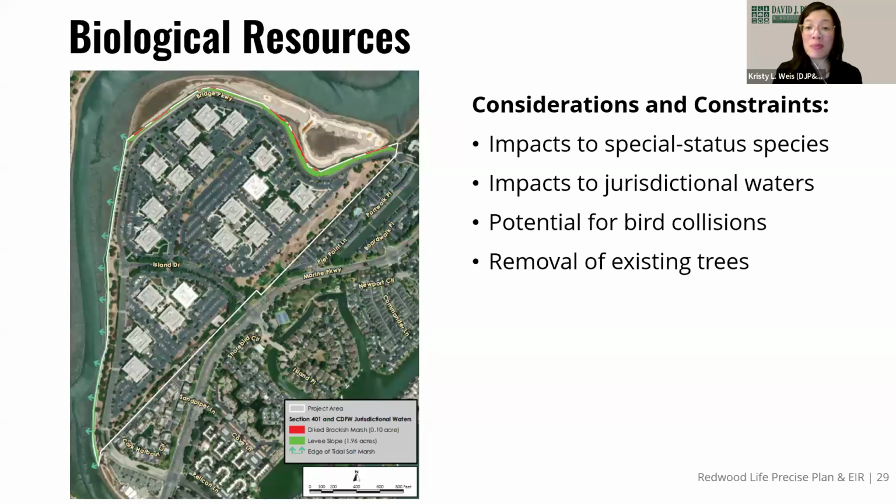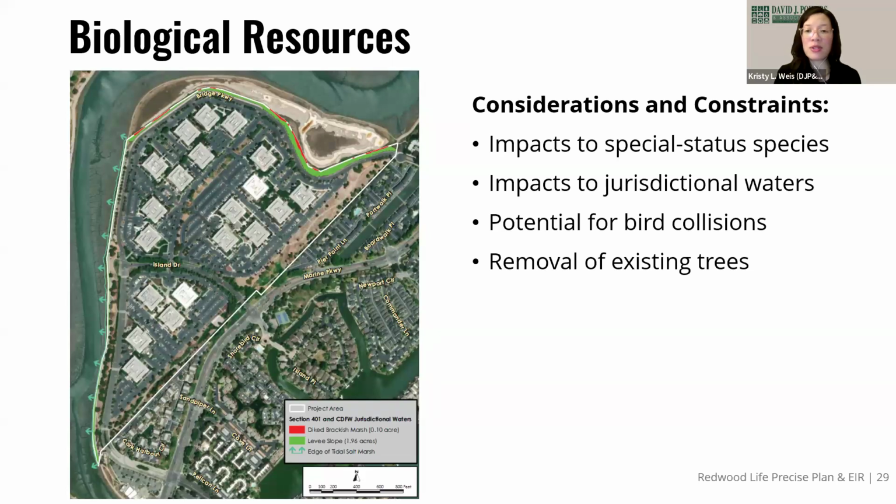The constraints include impacts to these special status species that could be present on site, and they'll be evaluated in the EIR, and we anticipate that pre-construction surveys for all these special status species would be necessary to confirm their presence or absence. And if found, mitigation measures and compensation would be done in accordance with existing regulations.